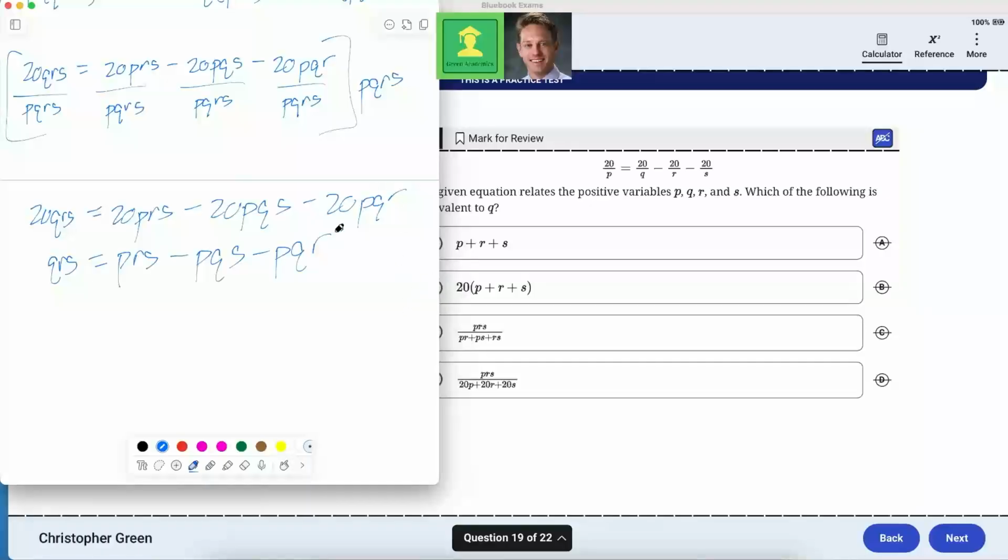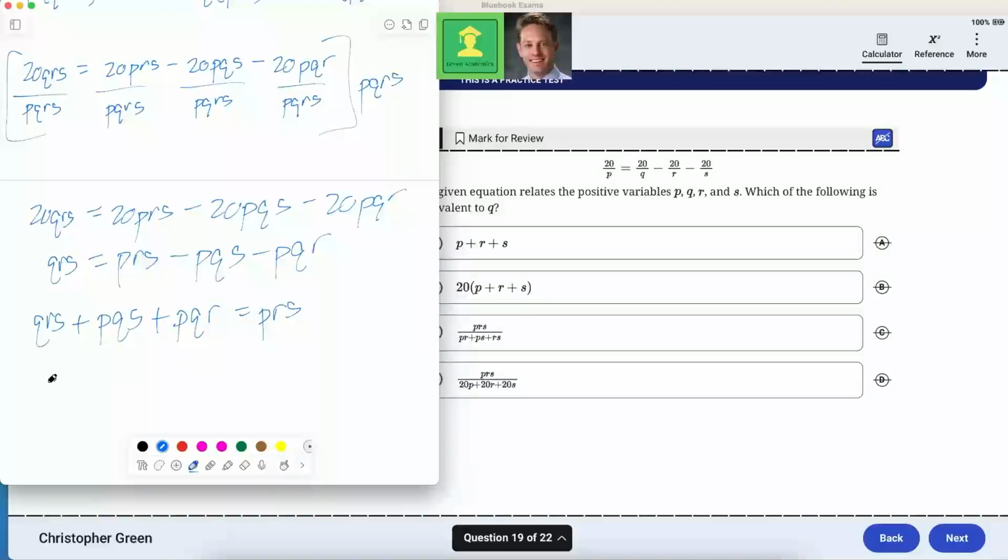Now, if you want to solve for Q as in quicksand, you get the things with Q on one side and without the Q's on the other side. I'm going to put the things with Q's on the left. So QRS plus PQS plus PQR equals negative, oh, sorry. Where did I mess that up? QRS plus PQS plus PQR equals PRS.